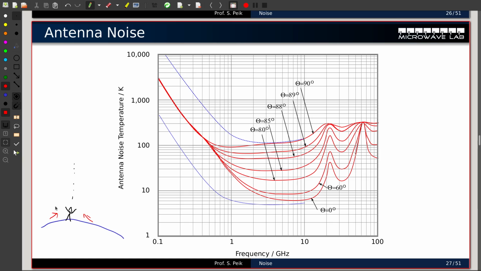When I point my antenna parallel to the ground, of course, I pick up some of the ground noise. That's why the noise I pick up with my antenna depends on the angle with respect to the zenith direction. So when this is my zenith direction, then this is my angle theta. And this is plotted here.